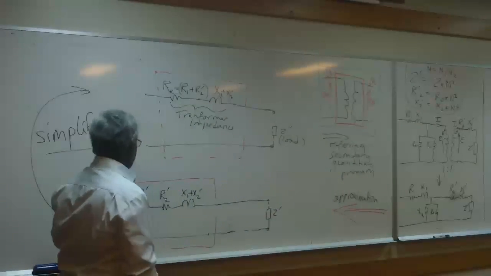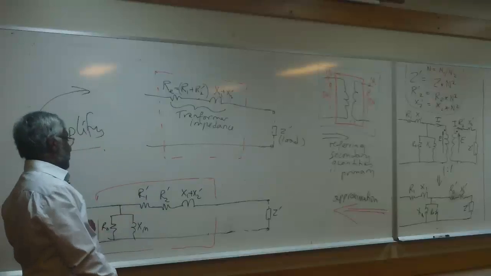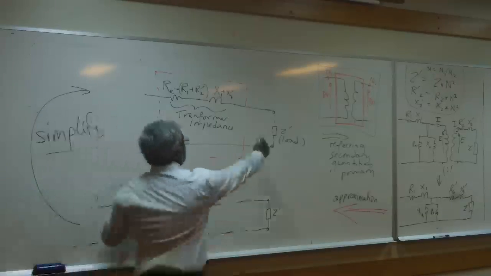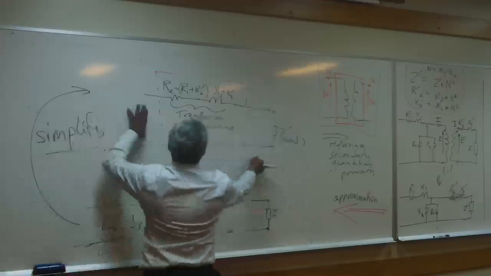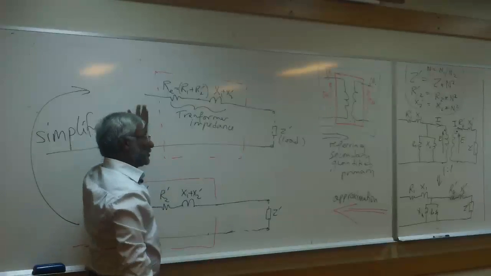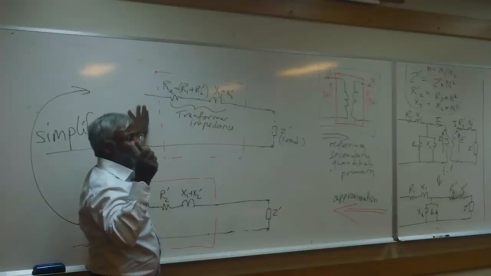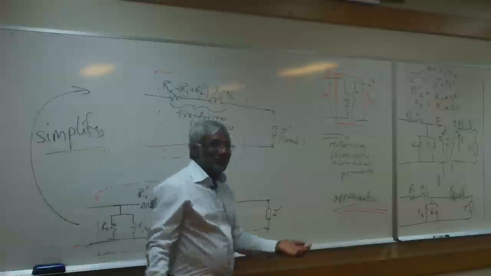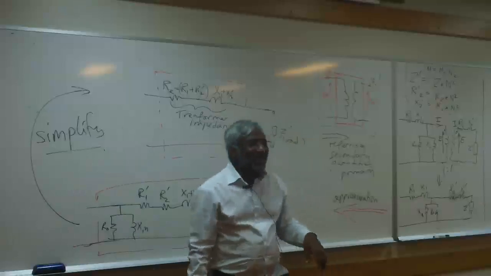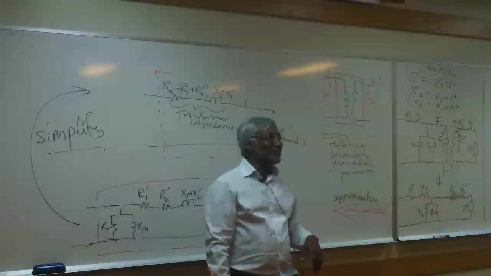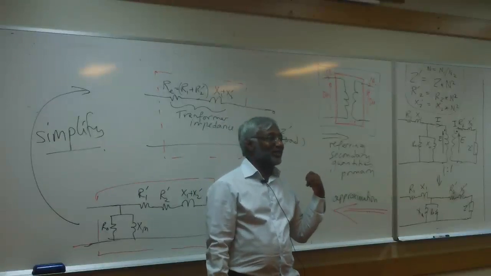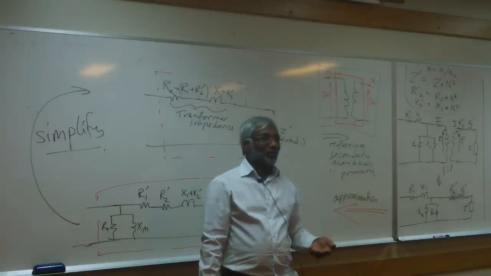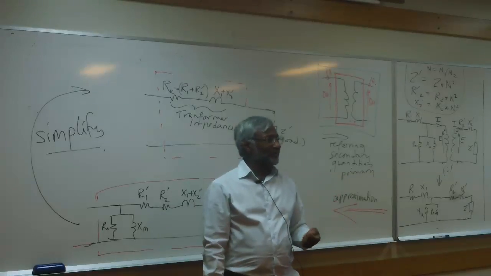People also measure it, and as we just said, you can easily measure it by doing a short circuit test. Of course, if you put a short circuit here and you put a voltage here, you don't put a big voltage. Every year we blow about 10 fuses in our labs because people do short circuit tests and don't realize that if it's a 240 volt transformer, you can't put 240 volts there and do a short circuit test.